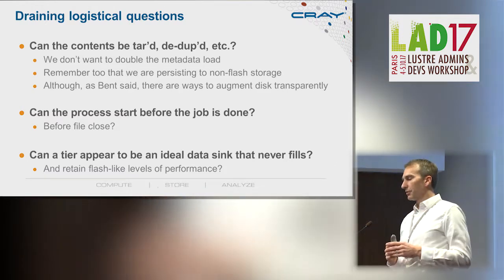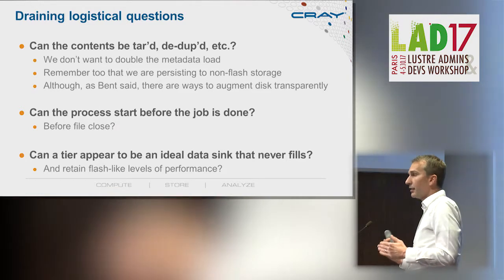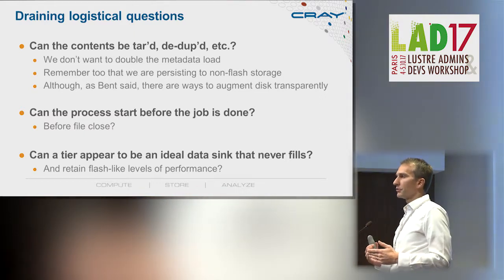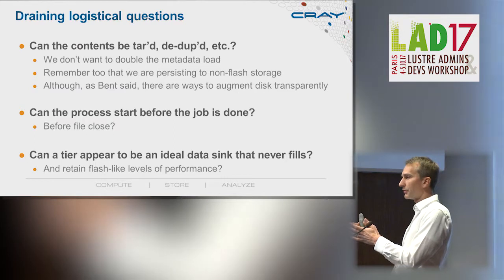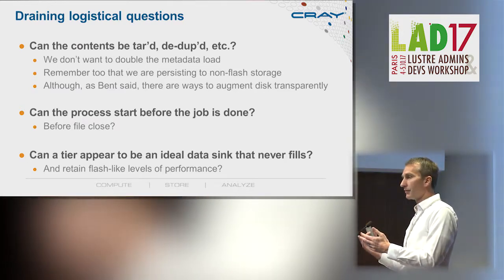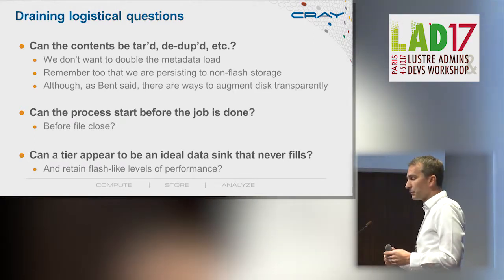Another logistical question, and this one is really, I think, the key to making this work: can we start the process before the job is done, right? So we're writing into these tiers of flash. We don't know how much we're going to write in there, or perhaps we do. Maybe that's another bit of information we can get along the way.